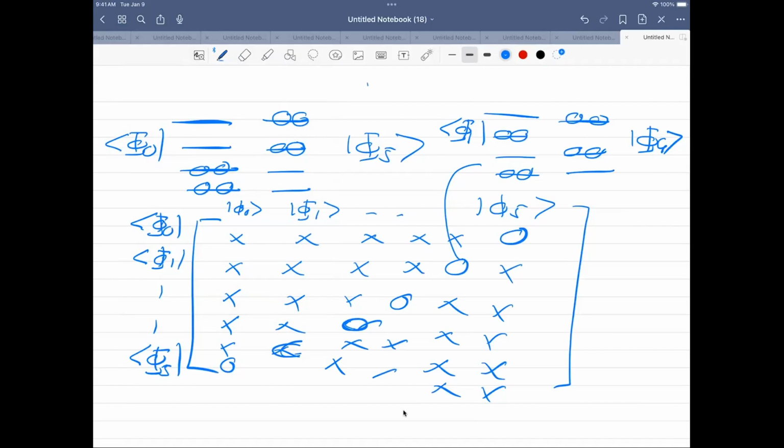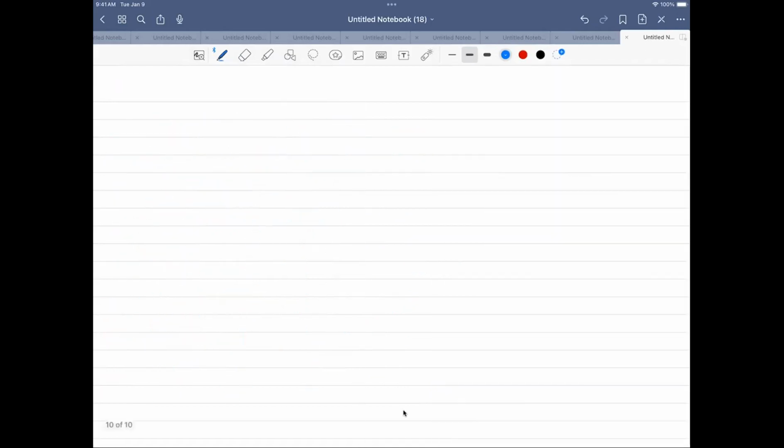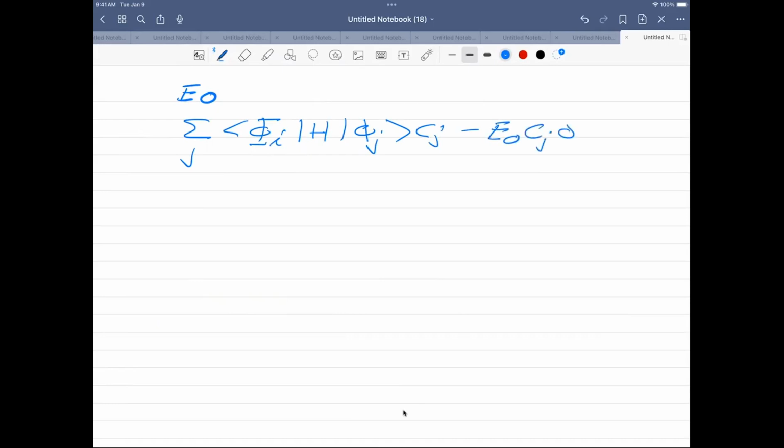So if we now look at the E0 case, we're going to focus on that one. So what we have then is a sum over J of phi I, H, phi J, Cj, and this is equal to E0 times Cj, and then I have my delta Ij here.